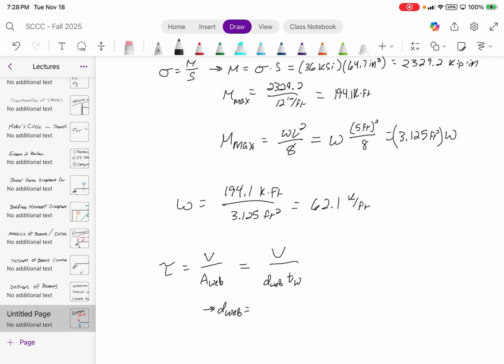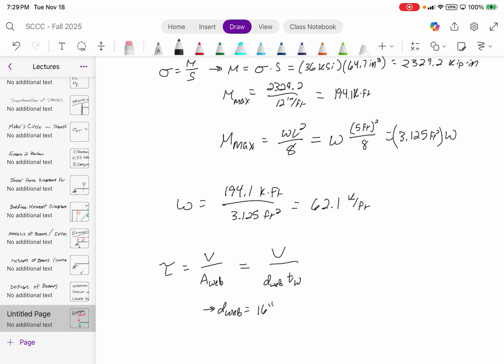Is it just 16 inches? Of the web. Oh, hold on. You've got to subtract the flanges. The total depth is 16 inches.